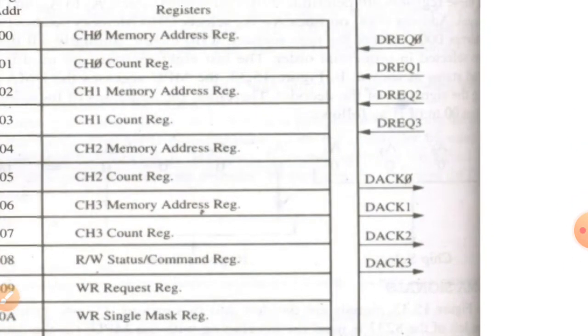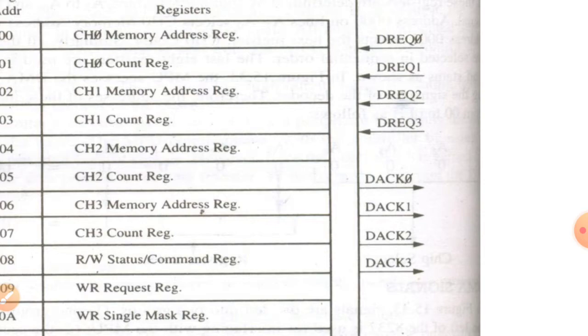We see on the right side we have 8 signals: DREQ0, DREQ1, DREQ2, DREQ3 and similarly DAC0 to DAC3. DREQ stands for request and DAC is the acknowledgement signal. Since we are using 4 channels, for the individual 4 channels there are 4 request signals, and for individual acknowledgement, the channel will acknowledge by giving the DAC signal.